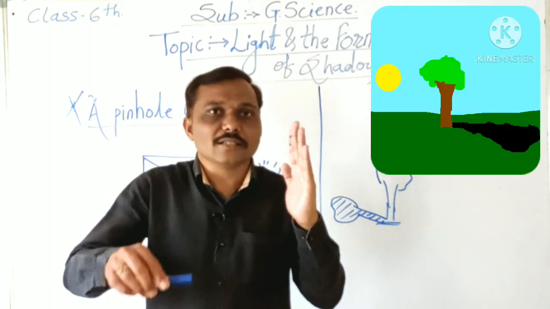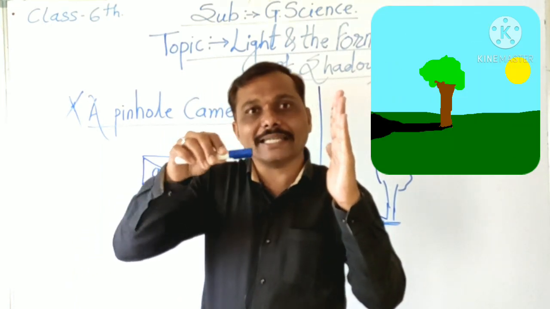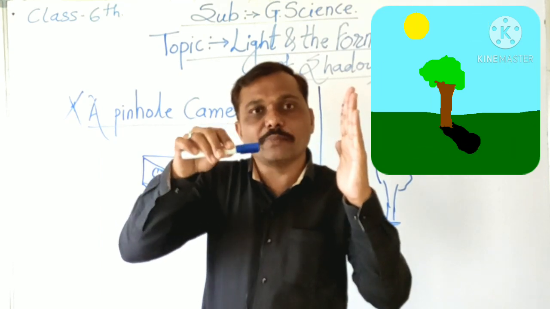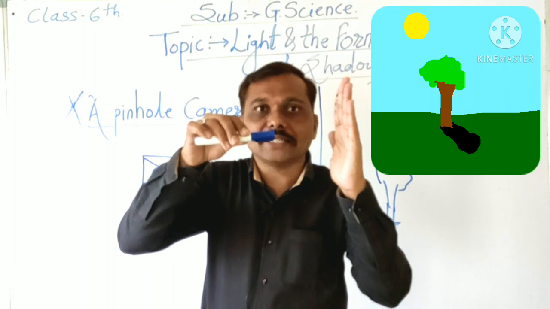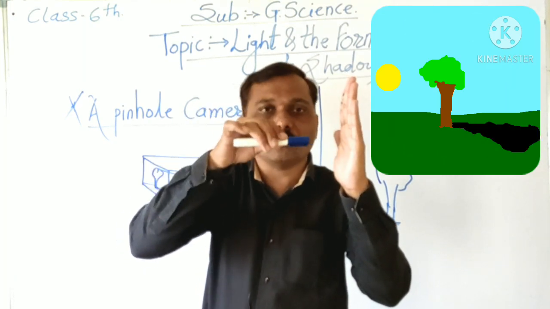But now let's increase or decrease the distance between the object and the torch. The torch is a source of light, and its rays fall on an object.